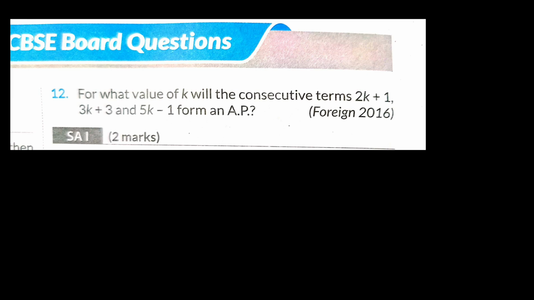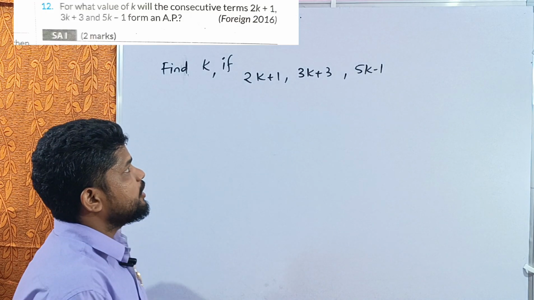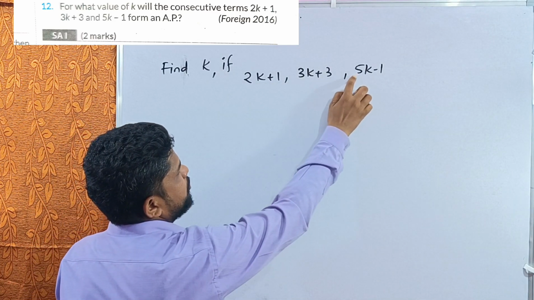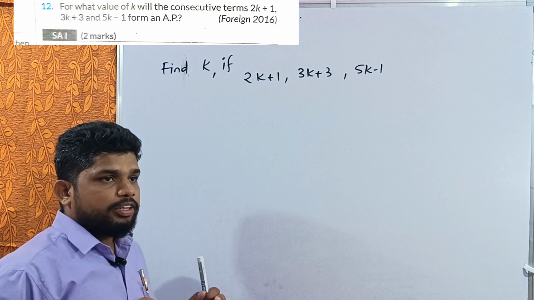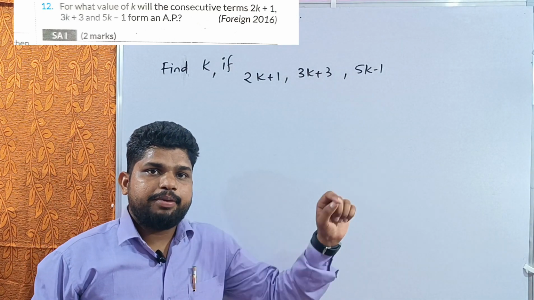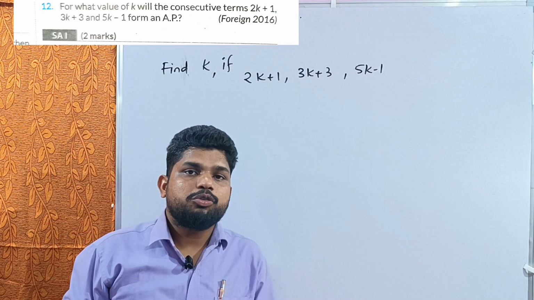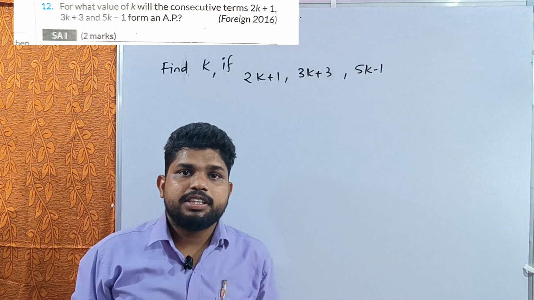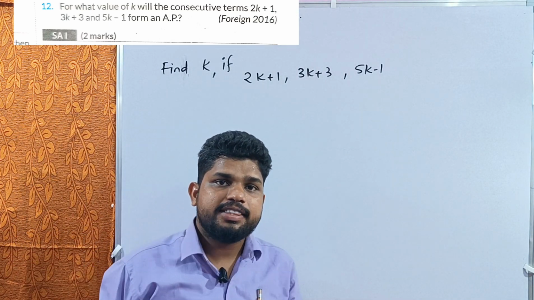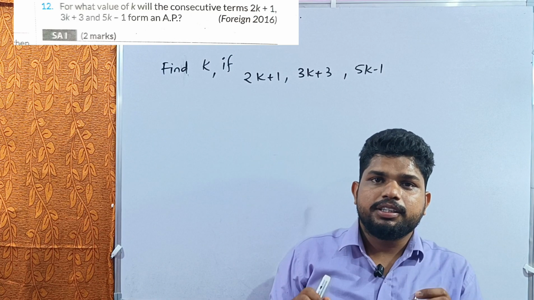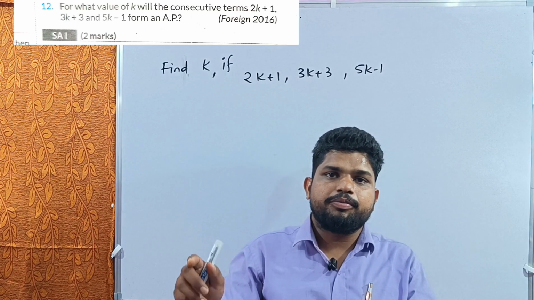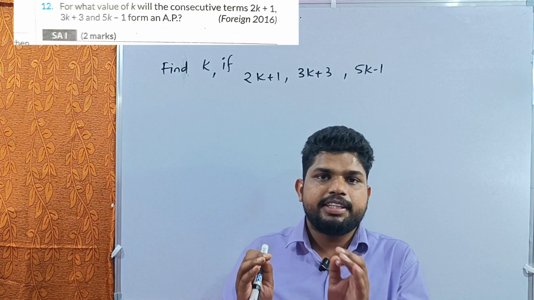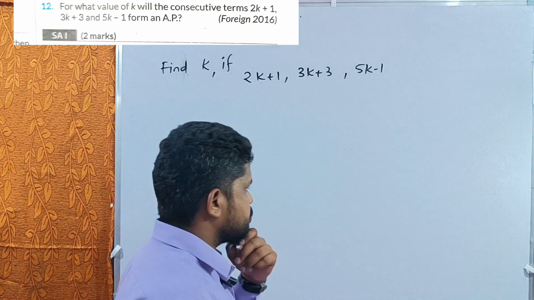Okay, dear students, here we are given 3 consecutive terms, 2k plus 1, 3k plus 3 and 5k minus 1. They are in AP and we aim to find the value of k. So by using the concept that for any 3 consecutive terms, the sum of the first and third term divided by 2 is always equal to the middle term, we will solve this question.